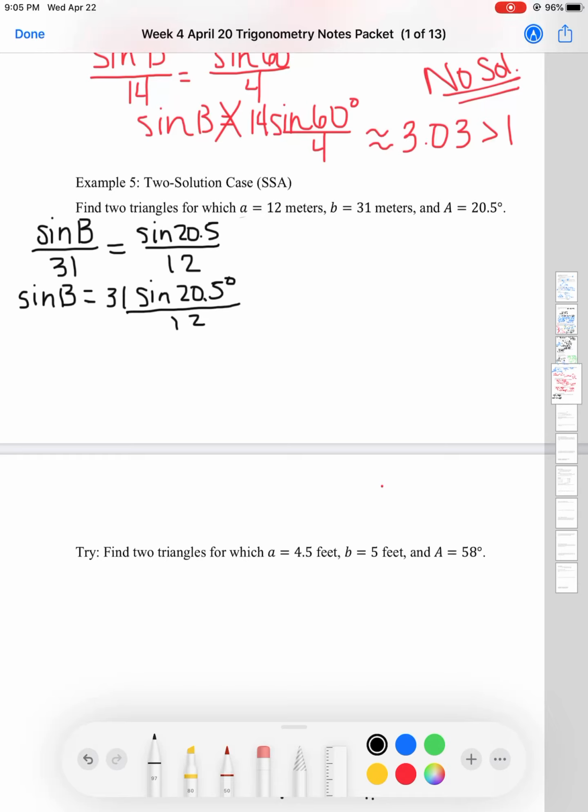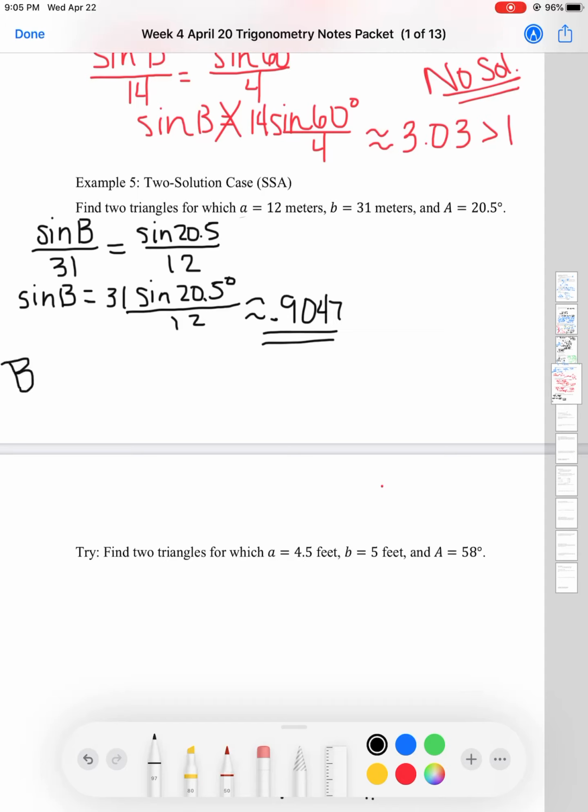Okay, now 31 times the sine of 20.5 over 12 is equal to about 0.9047.